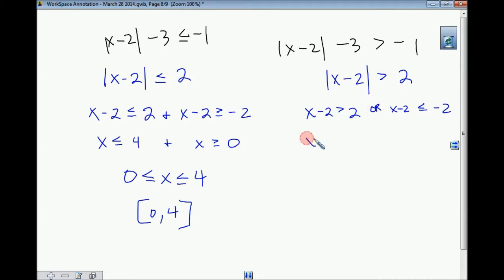So we get x is greater than 4, or x is less than, whoops, where did the equal to come from? Sorry guys, can't throw that in for no reason. Less than 0. And we can't write that as a single inequality because it's going in opposite directions, isn't it? It doesn't come together. We can't write it as a compound inequality. That's the best we can do.